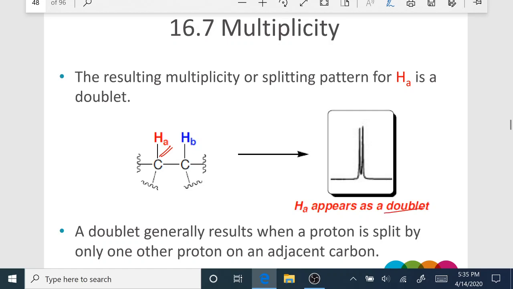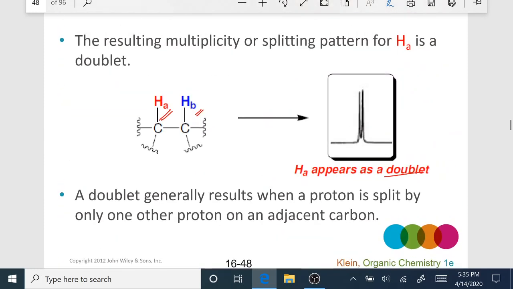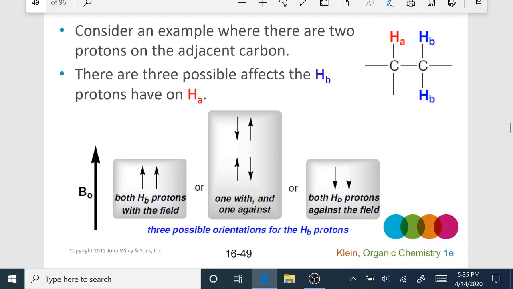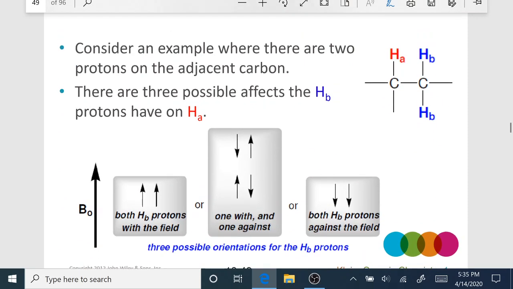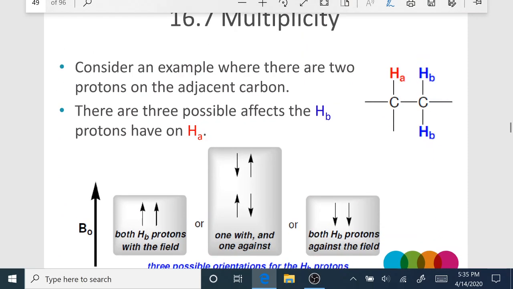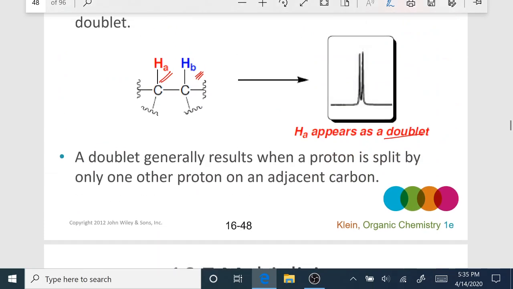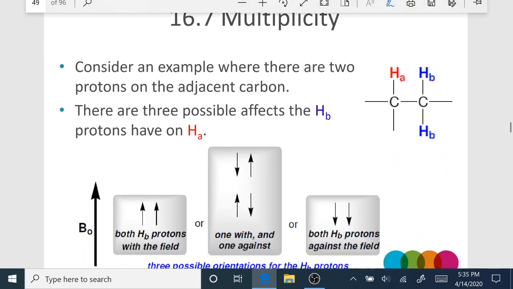It'll appear as a doublet because it has 1 neighbor. In other words, 1 neighboring hydrogen, 1 hydrogen on a next door carbon. It's going to appear as a doublet. Okay, and that's because for HA, HB could be aligned with the field or against the field, either adding to that external field or taking away from that external field.